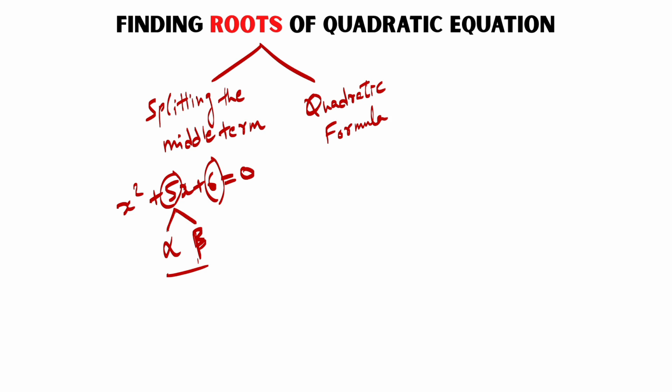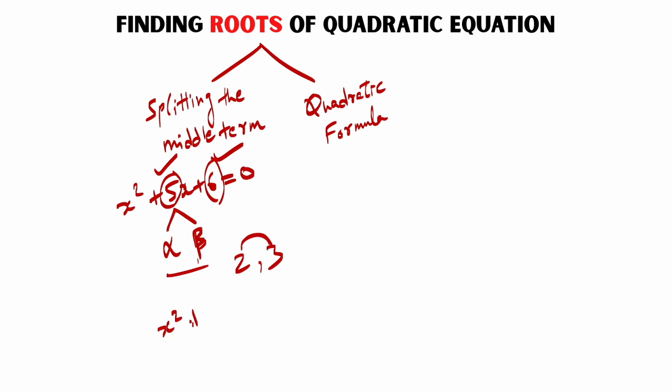So by trial and error method, we can say that the roots of this equation are 2 and 3, because 2 plus 3 will give us 5, 2 into 3 will give us 6, right?